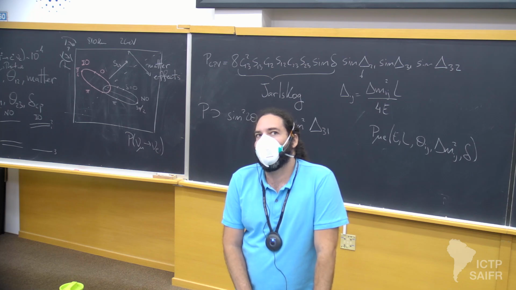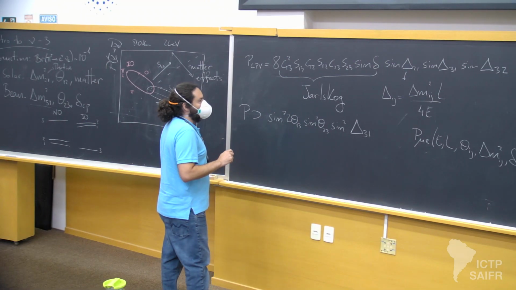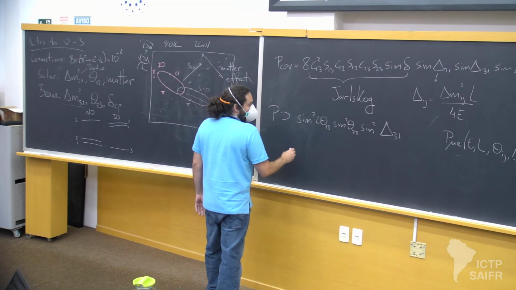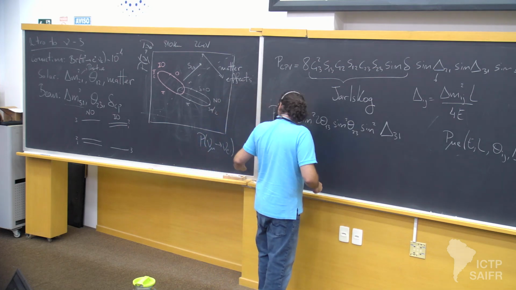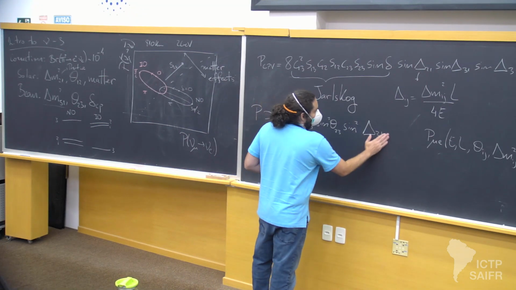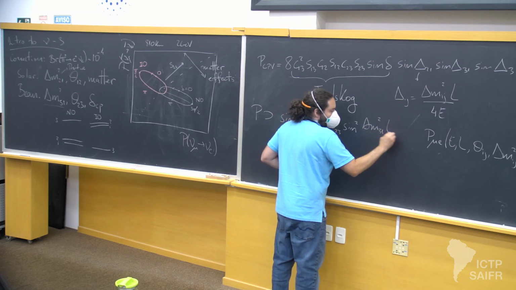How does the ellipse change when you change energy and distance? Yes. So let's look at this, for example. This guy here, let me write it explicitly. We have delta m squared 3,1 L over 4E.